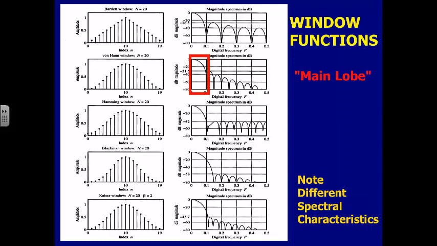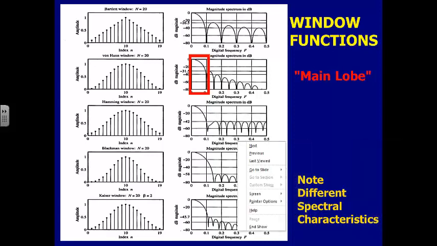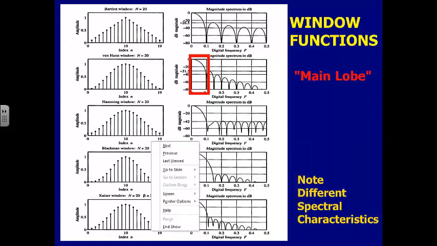Well, think of the simplest window, a rectangle window. If I take an infinitely long bunch of data and I extract 8 samples, to the mathematicians, that's like multiplying that infinitely long sequence by a rectangular window function that has 1s over those 8 samples and 0s everywhere else.